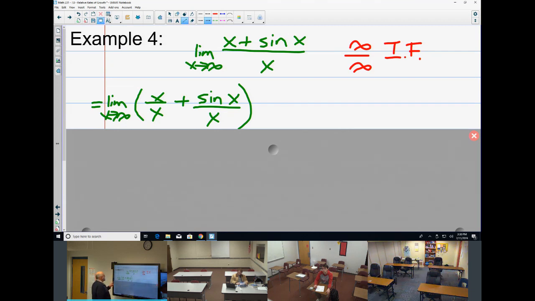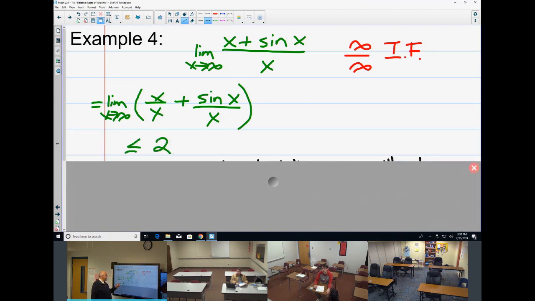The reason I split this one instead of using L'Hopital is that this is 1 plus the maximum this could be, which would be 1 over infinity, so 0.